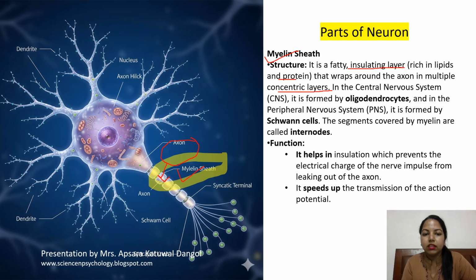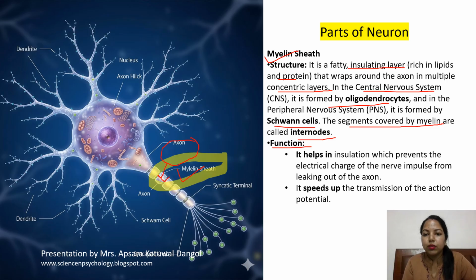In the central nervous system, it is formed by oligodendrocytes, which are a kind of glial cell, and in the peripheral nervous system, it is formed by Schwann cells. The segments covered by myelin are called internodes.